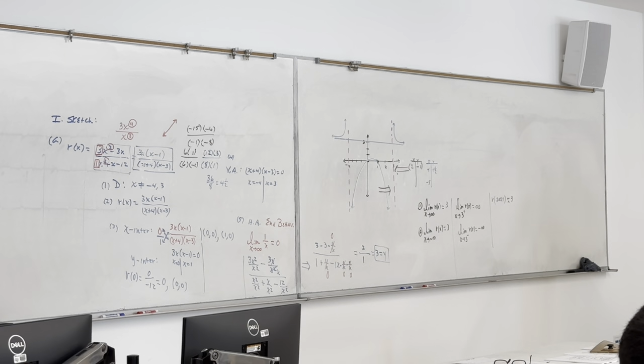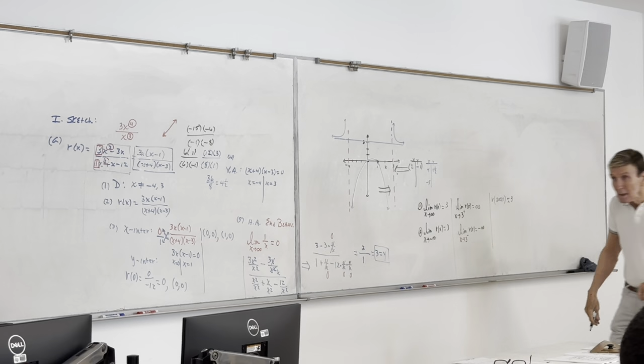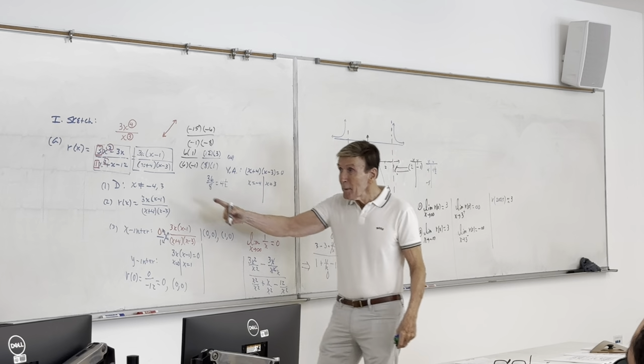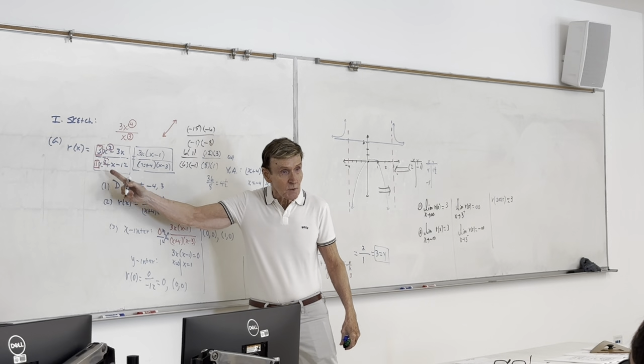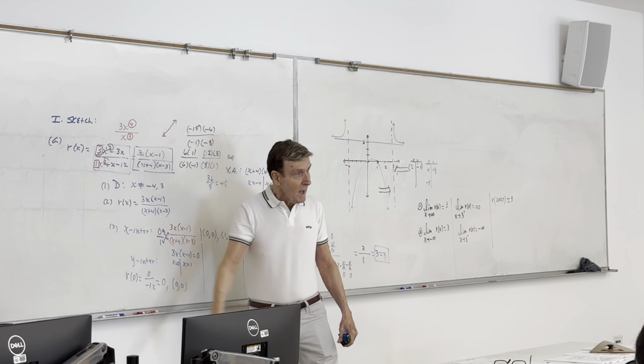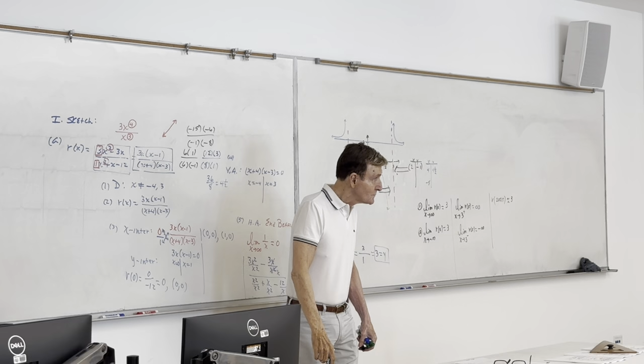So R at 2025 is approximately 3. Now, if you have the time and you enjoy doing this, go back and replace all these x's by 2025 and crunch and crunch and cry and crunch and cry and see if you finally get 3.